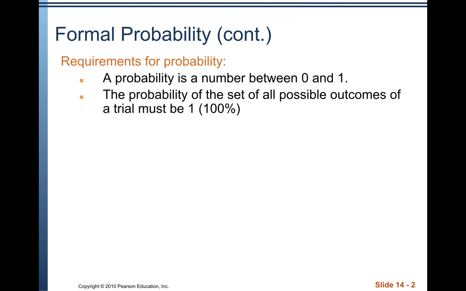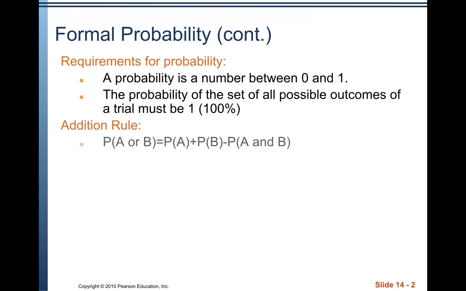And the probability of the set of all possible outcomes of a trial must be 1 or 100%. A coin flip: if I add up the probabilities of each outcome, 50-50, I get 100% or 1. So what that requirement is saying is, if I add up the probabilities of each individual outcome, I have to get 1 or 100%.